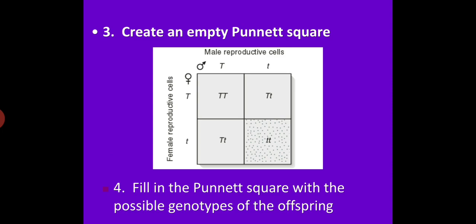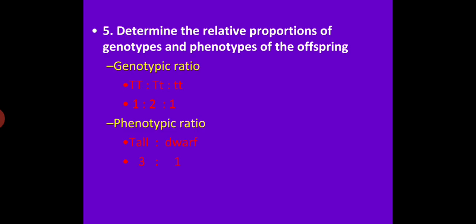Create an empty Punnett square, fill in the male gametes and female gametes, and cross them to produce the offsprings. Determine the relative proportion of genotypes and phenotypes of the offsprings.